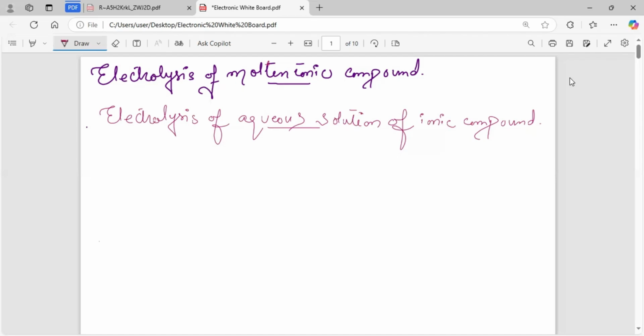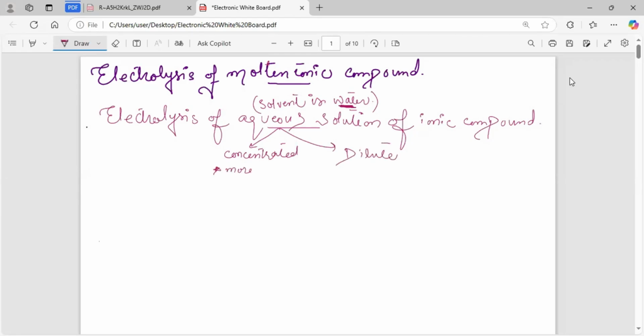So an aqueous solution is a solution in which the solvent is water, or in other words, when any compound is dissolved in water, it is an aqueous solution. Now, an aqueous solution can be concentrated or dilute.